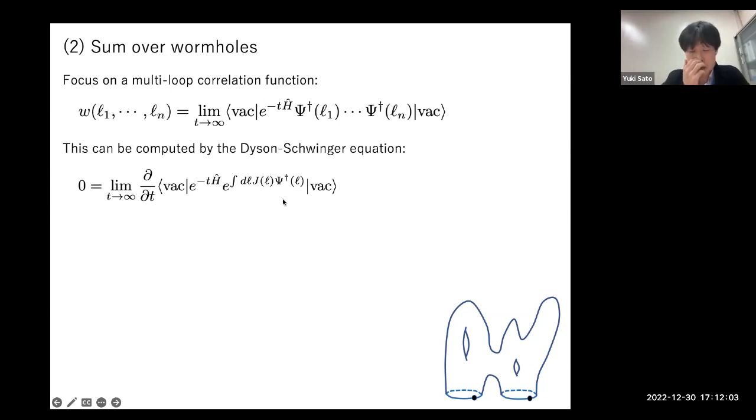The meaning of this equation is that after T goes to infinity, the loops should not evolve anymore. So this is analogous to the Wheeler-DeWitt equation in quantum gravity. Okay, so in principle, if you can solve this Dyson-Schwinger equation, you can compute this multi-loop correlation function, but it is very difficult to solve.